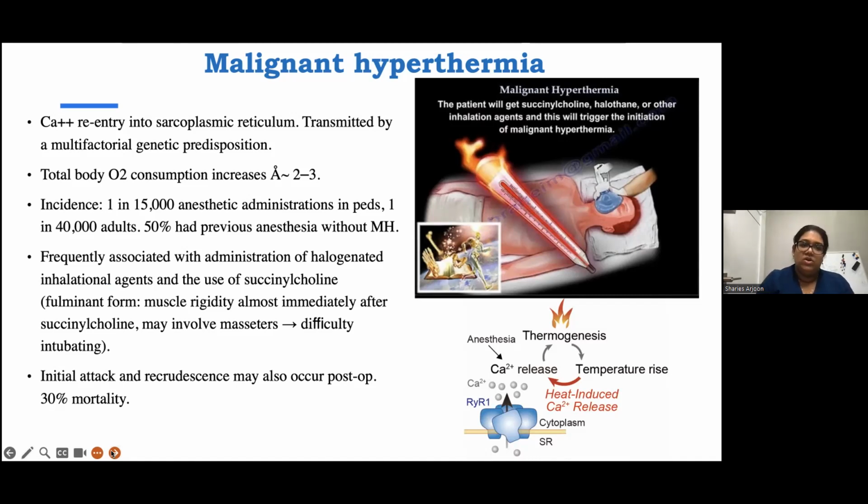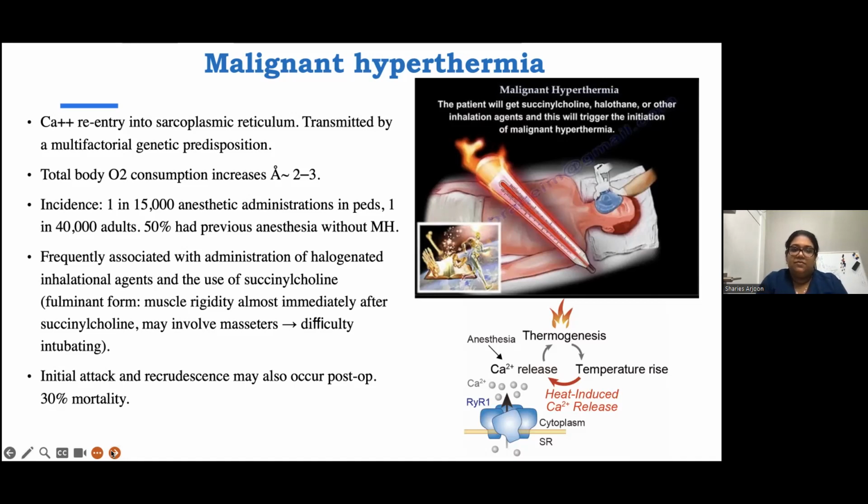The total body oxygen consumption increases and the incidence is 1 in 15,000 anesthetic administrations in the pediatric population and 1 in 40,000 in adults. 50% had previous anesthesia without a malignant hyperthermic reaction. Frequently, it's associated with the administration of the halogenated inhalational agents and the use of succinylcholine.